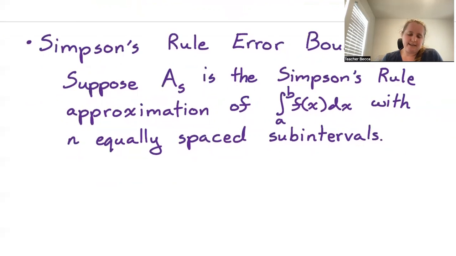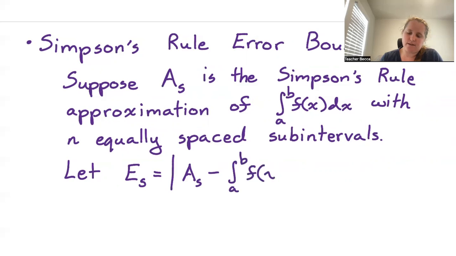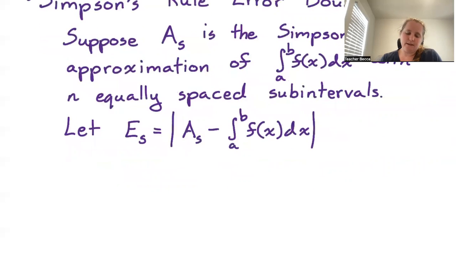Let's let E sub s be the absolute value of A sub s minus the definite integral from a to b of f of x dx. So this is the error in the Simpson's rule approximation.